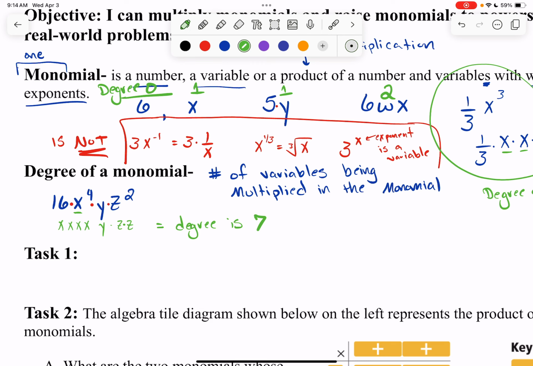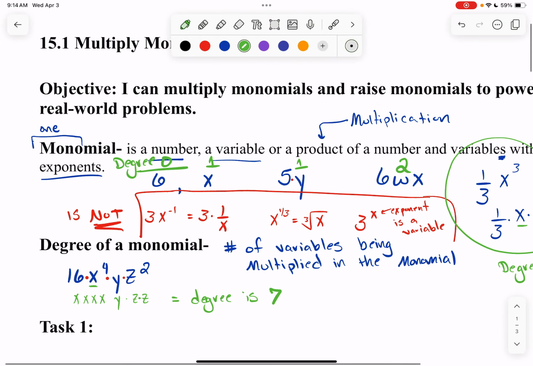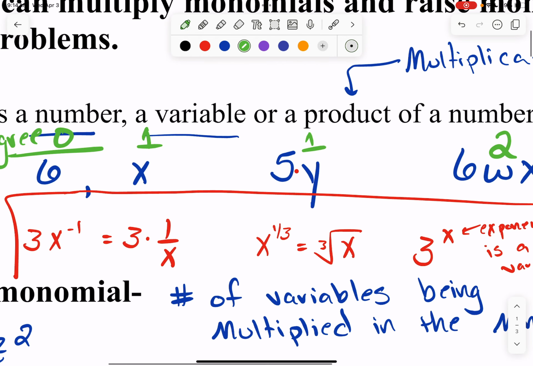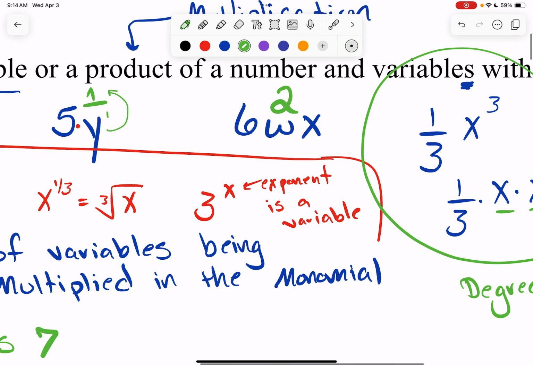Okay. The way the book explains it is they just look at the exponents and you add them. So like on this one here, this x technically has an exponent of 1, so a degree of 1. This y has an exponent of 1, so a degree of 1. Here, w has an exponent of 1, x has an exponent of 1. So when I add those up, I have 2.